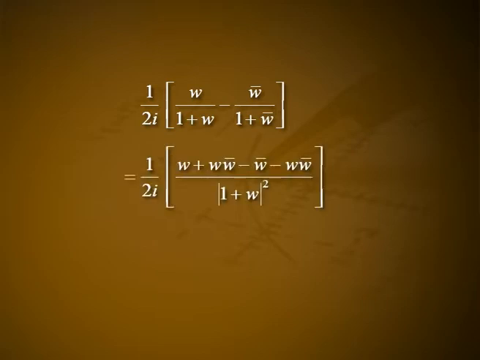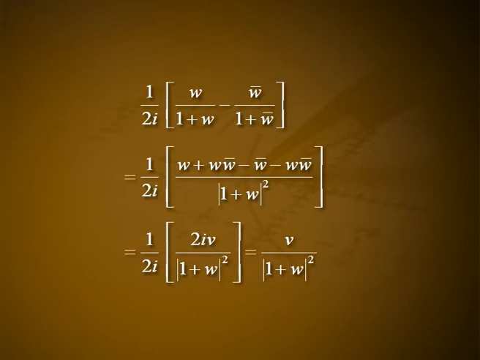We know that y = (z − z̄)/2i, that is equal to 1/2i × (w/(1 + w) − w̄/(1 + w̄)), which is equal to 1/2i × (w + w w̄ − w̄ − w w̄)/|1 + w|², which is equal to 1/2i × 2iv/|1 + w|², which is equal to v/|1 + w|².